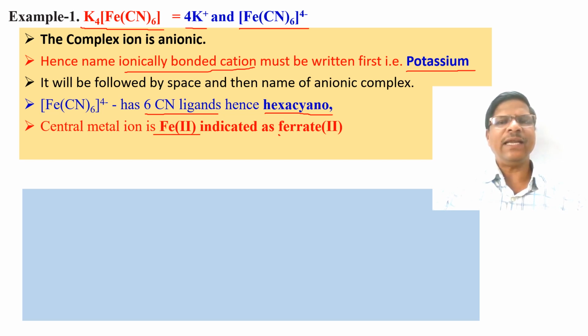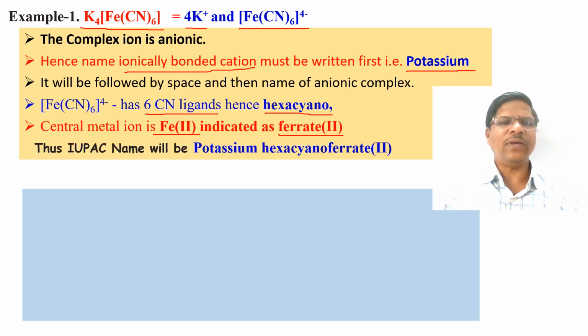So it is indicated as ferrate(II). Okay. Iron is indicated as ferrate(II). So if you take all these together, what will it be? Potassium, the ionically bonded cation. Then space. And then the name of the anion, hexacyanoferrate(II), and this is a single word.